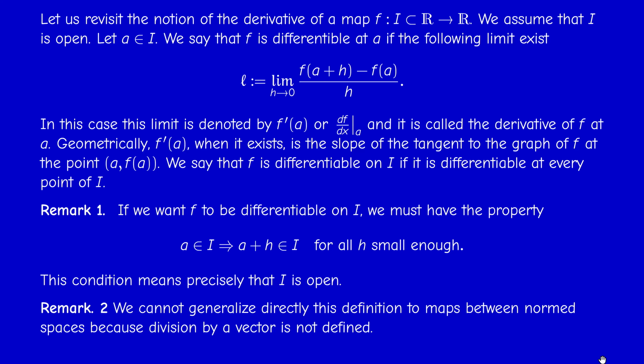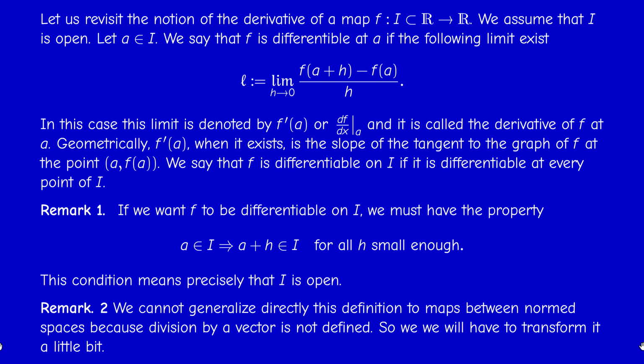Now, we cannot generalize this definition directly to maps between normed spaces because we cannot divide by a vector. A vector over a vector is not defined. So we need to transform this condition a little bit to make it generalizable to our more general context.